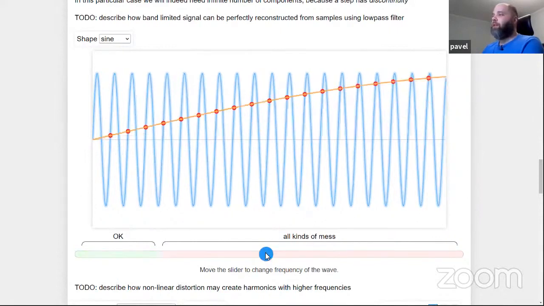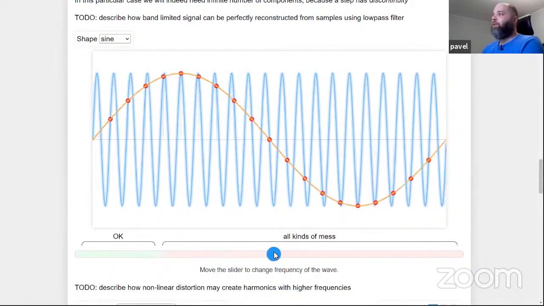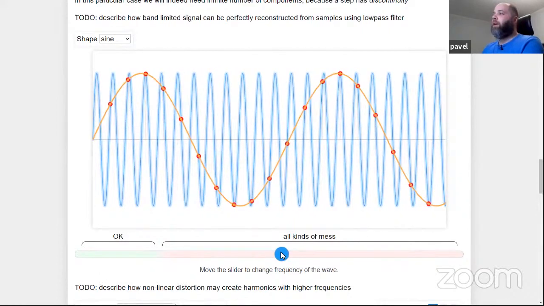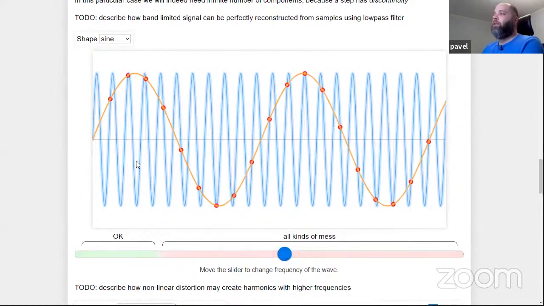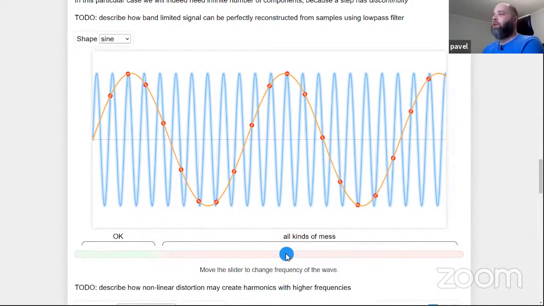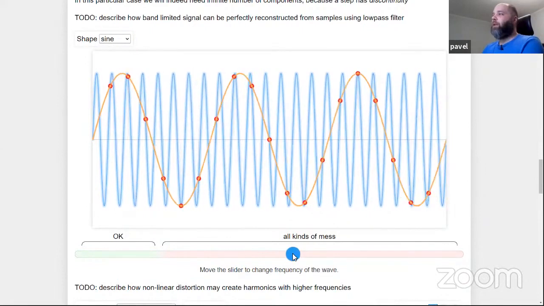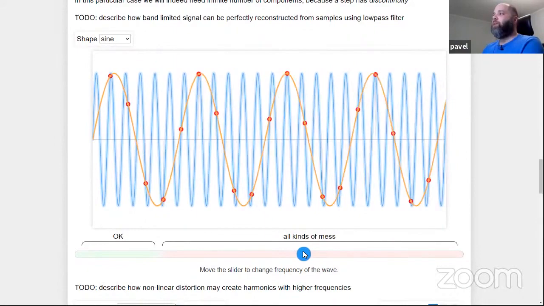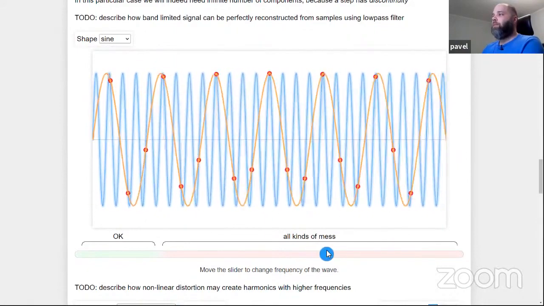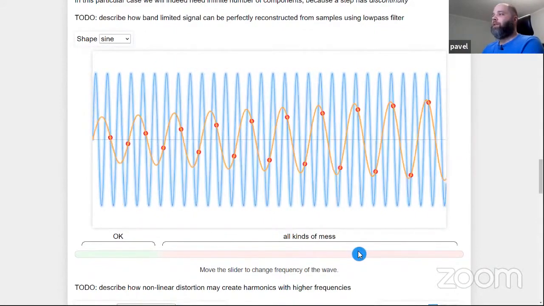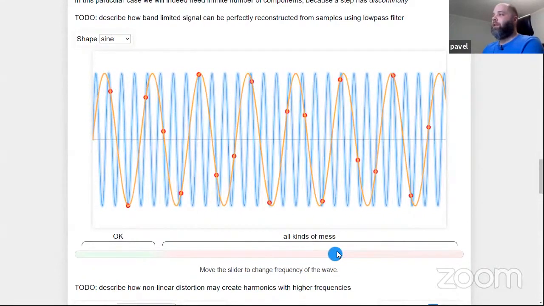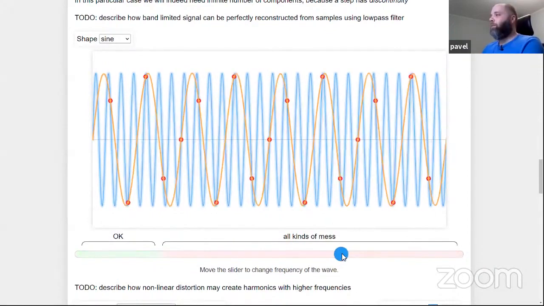And after that, if we go even further, as the frequency of the initial signal, which is blue, still increases, the frequency of the reconstructed signal decreases as well. So this is still aliasing, and everything above Nyquist frequency gives us aliasing.